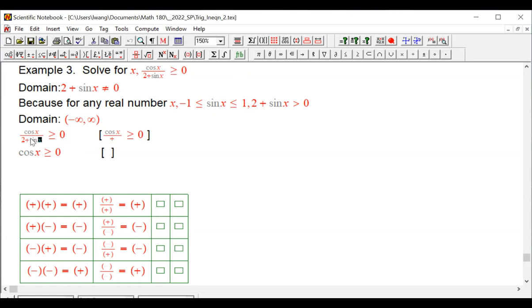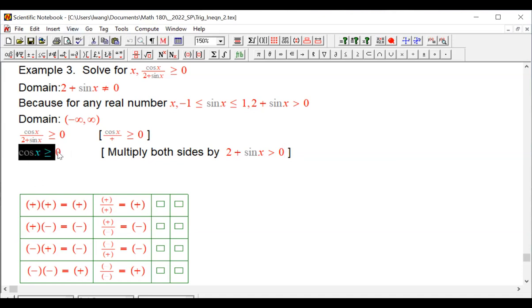The denominator is always positive. For the quotient to be positive or 0, the numerator has to be positive or 0. So if you like, you can multiply both sides by the positive number 2 plus sine x. Either way, you get it.